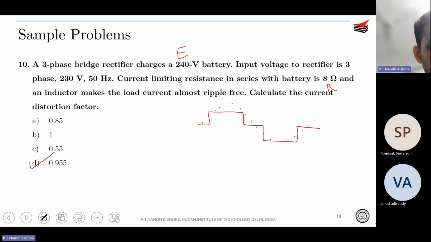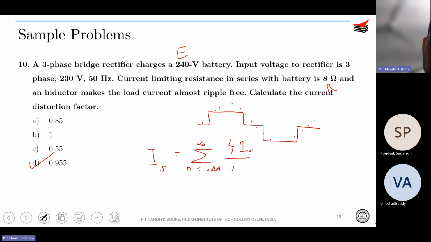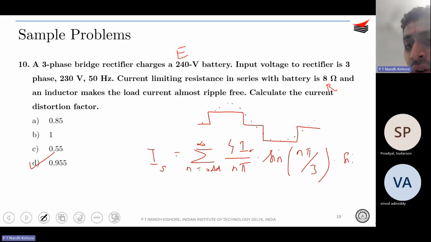Okay, so for the sake of easiness, I will just write the Fourier series expression over here. Your input current Is is given by sigma n equal to, of course, odd, to infinity, 4 I naught by n pi. And since we are dealing with three phase, you of course have a sine term, sine n pi by 3, and then sine n omega t.